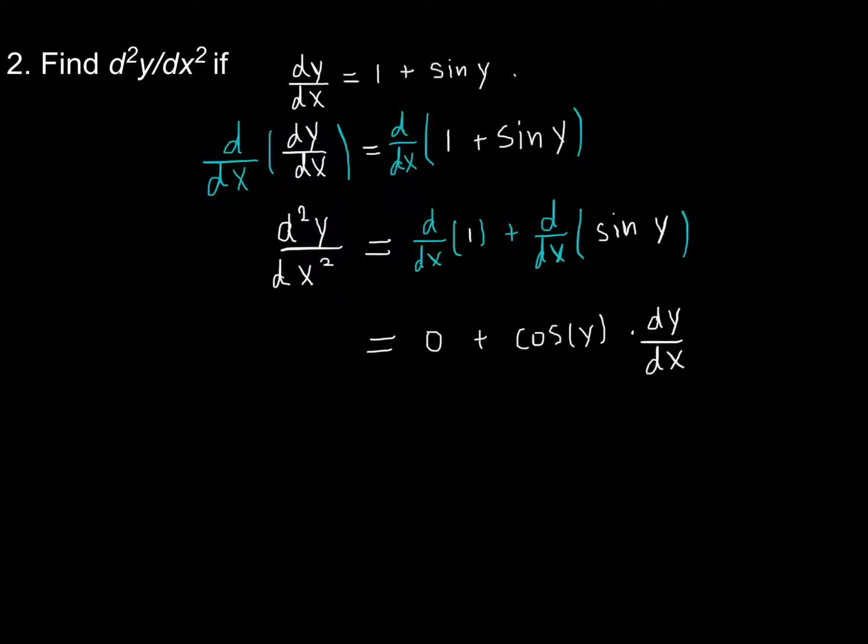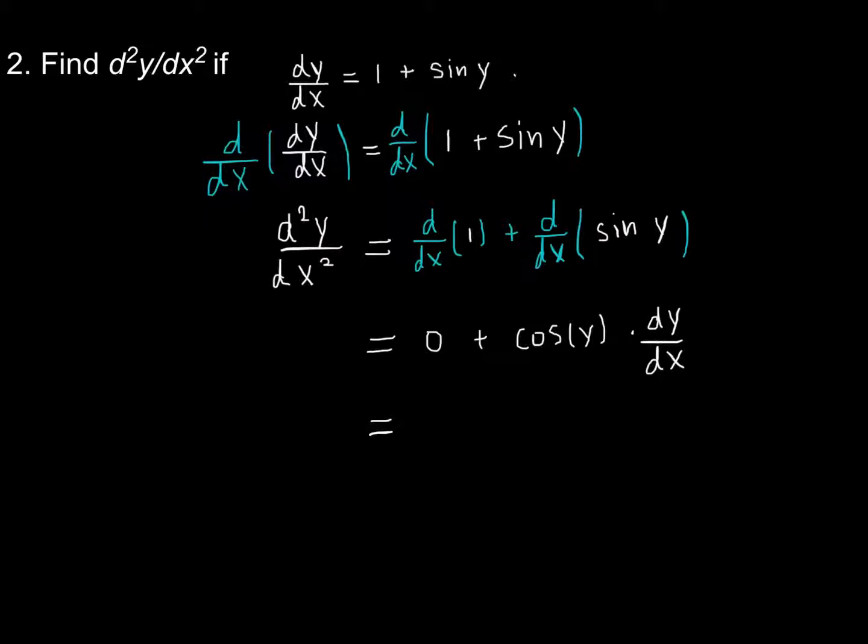So now I have an equation for the second derivative, but notice that it is in terms of the first derivative. Well, that's weird. I'd like to just be able to compute the second derivative by plugging in values of x and y. But notice we know what the first derivative is in terms of y, so I can plug that in here.